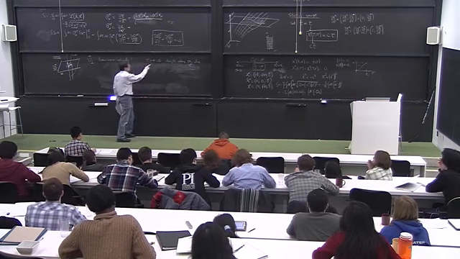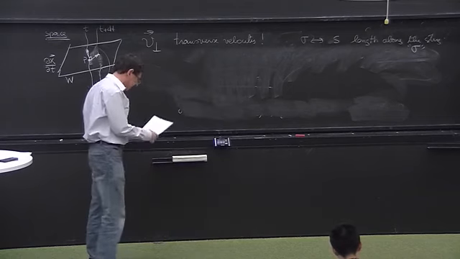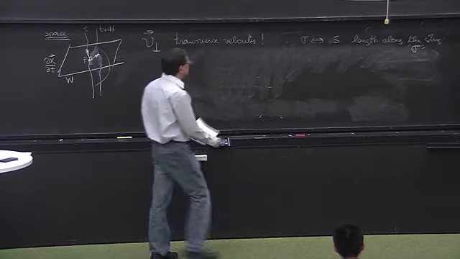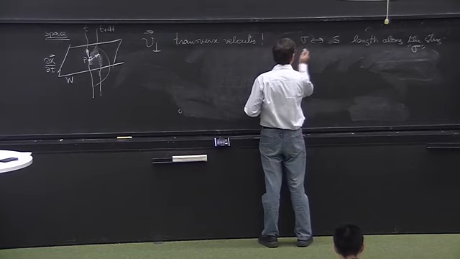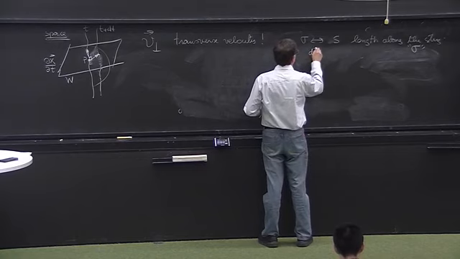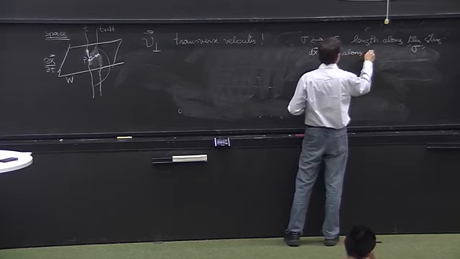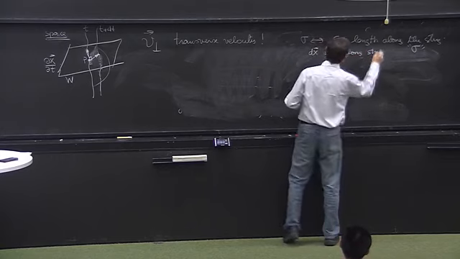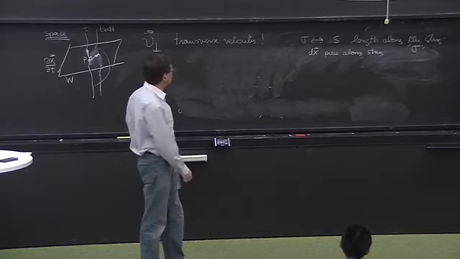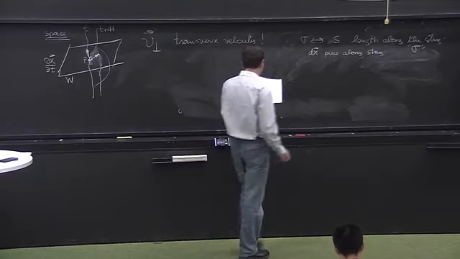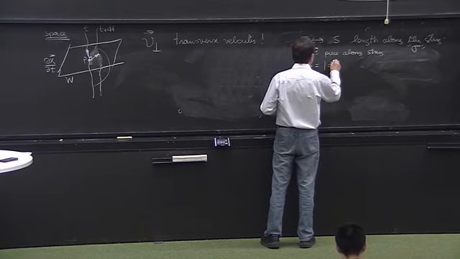So s, don't confuse it with proper time, with anything. I'm sorry, we ran out of letters. It's going to be a length along the string. So if you take a little piece of string, dx, along the string, and when I now say along the string, that means at constant time, which is the same thing as constant tau. Then ds is equal to the length of this piece.